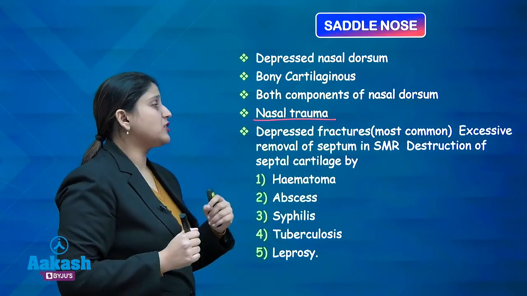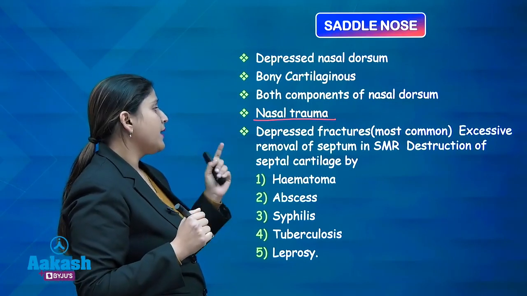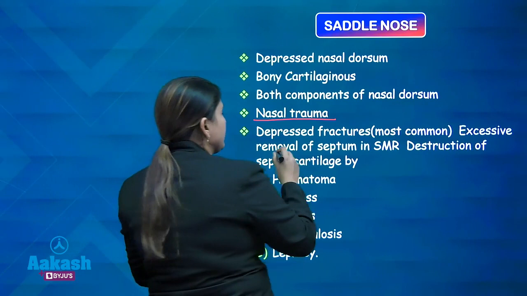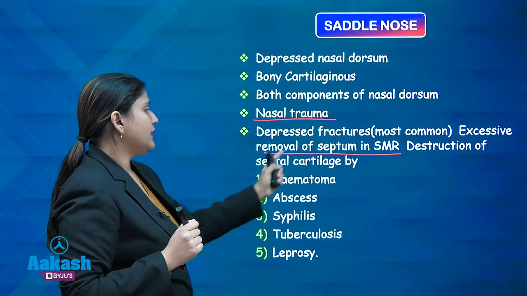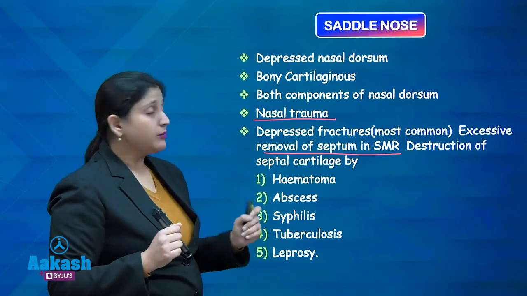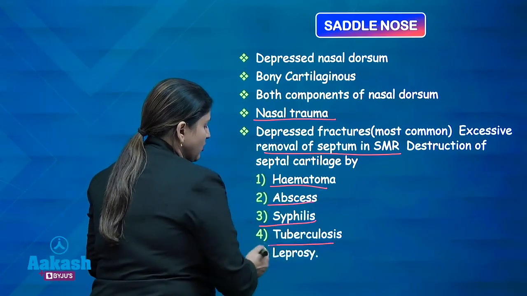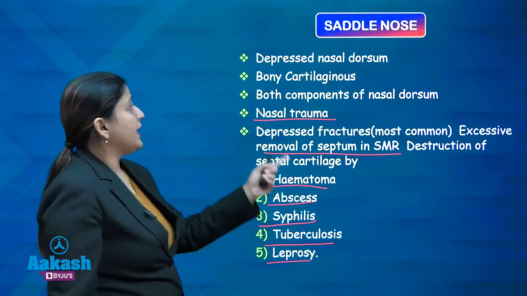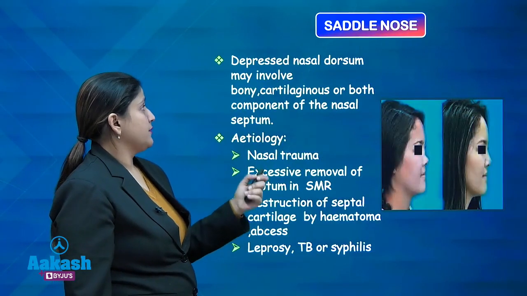The depressed fractures most commonly lead to saddle nose deformity, or there can be excessive removal of the septum in submucosal resection, and the septal cartilage can be destroyed by a septal hematoma, septal abscess, syphilis, tuberculosis or leprosy. In any of these conditions, the patient can have saddle nose.